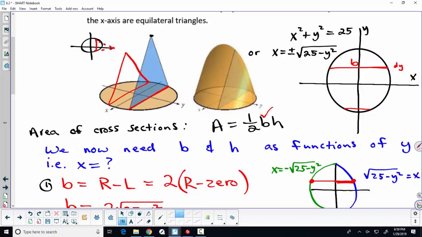The volume is then when we look at the thickness of this thing. So if we have this thickness here, that's our dy. That gives us the volume of each one of those super, super thin triangles, and then we're just adding all of those up as we progress.